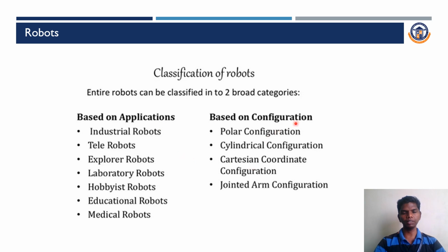Based on configuration, there are polar configuration robots, cylindrical configuration robots, Cartesian coordinate configuration robots, and jointed arm configuration robots. These are the two broad categories for classification of robots.